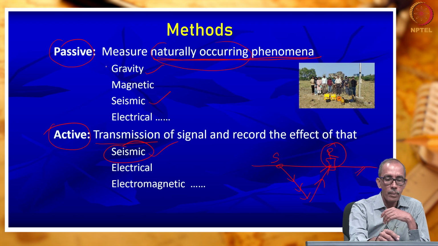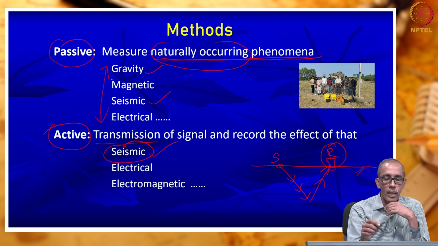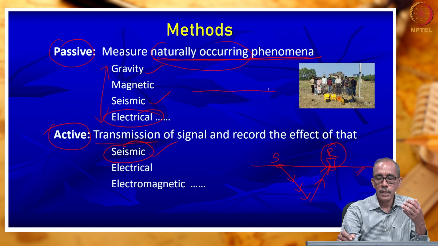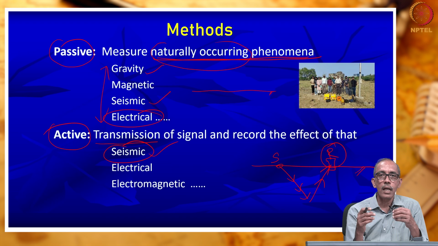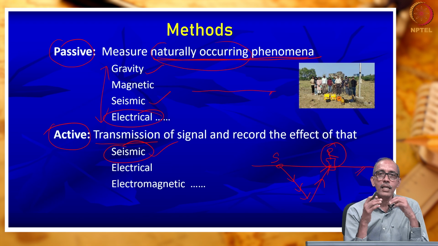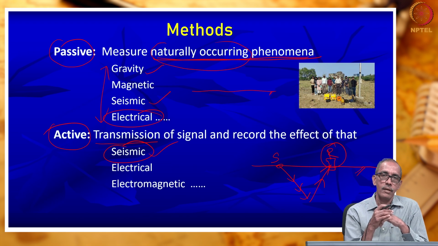So, these are all the methods that are listed down here. Passive method, for example, electrical. Electrical is also passive. That means naturally beneath the surface of the earth, the situation may be such that there is some production of natural electrical potential. So, if we measure that, it is a passive electrical method.